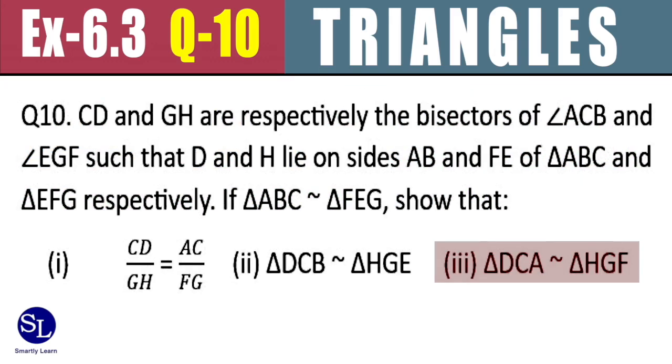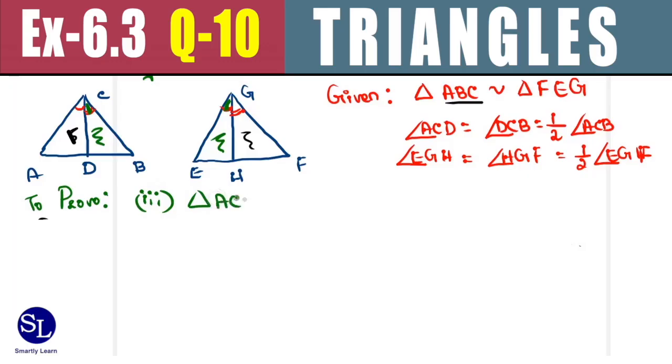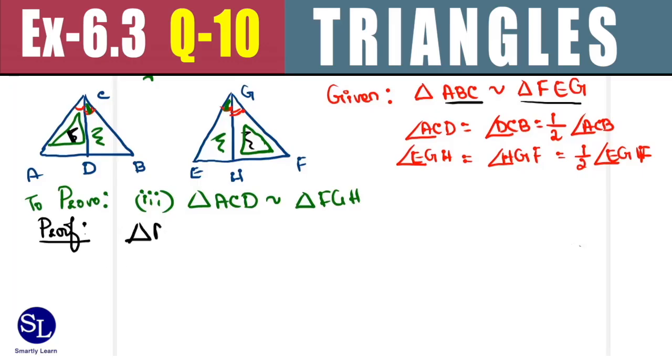Now let's take the last subdivision in the given question: triangle ACD is similar to triangle FGH. We are supposed to prove that this triangle is similar to this triangle. Let's start with this proof. Here also we start with what is given: triangle ABC is similar to triangle FEG.